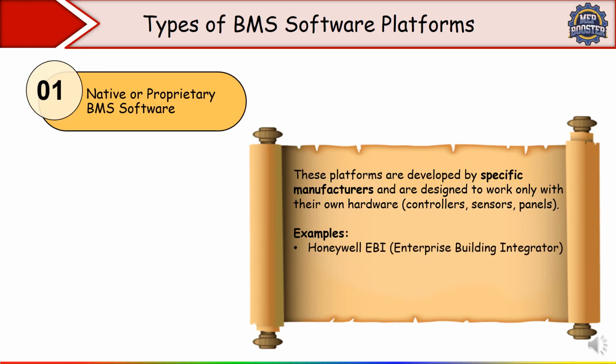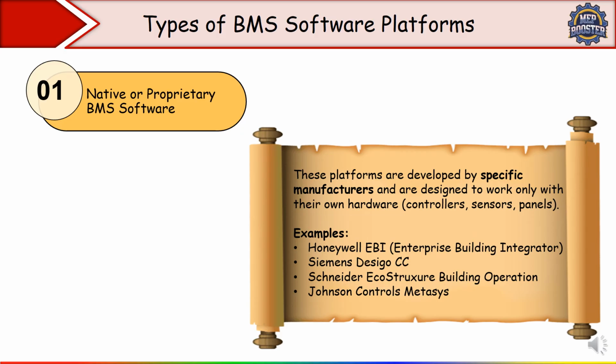For example, Honeywell, Siemens, Schneider EcoStruxure Building Operation, Johnson Controls Metasys. The characteristic of this platform is that it is fully integrated with their own DDC controllers. But some limitations are also there, like limited third party hardware and software support, and licenses are expensive.